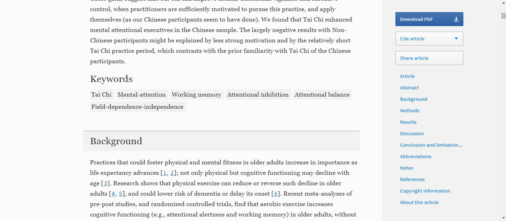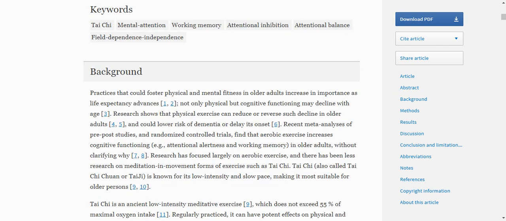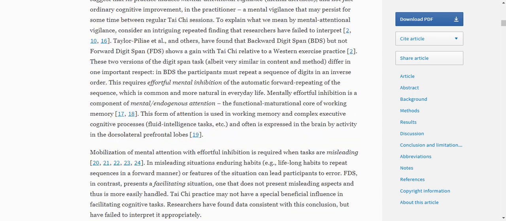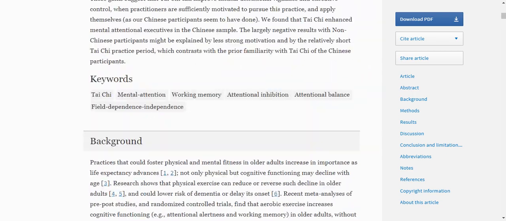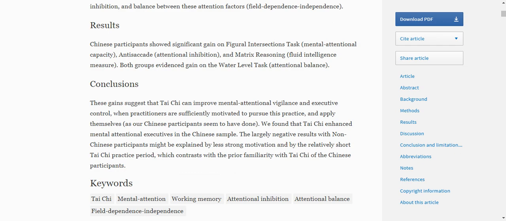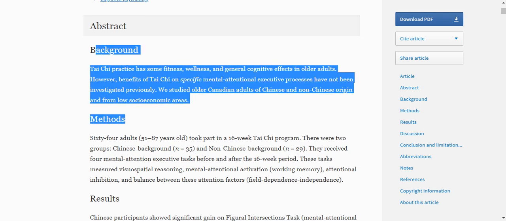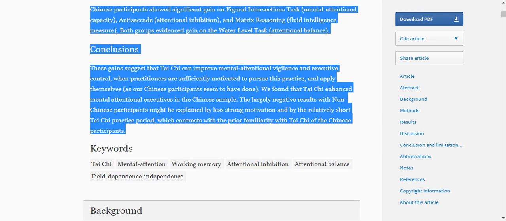You have to understand that many times the additional pieces, like the background and the method, like 90 to 95% of the rest of the research article, is not really necessary to read in order to understand what happened in the experiment itself. So don't worry about that. Just focus on the abstract and then move on.